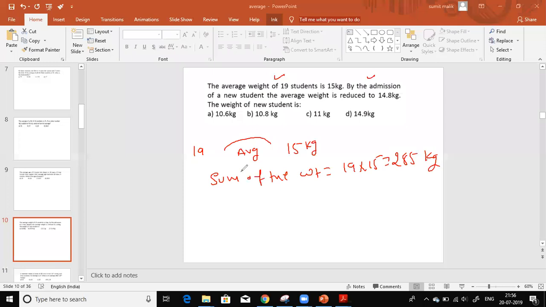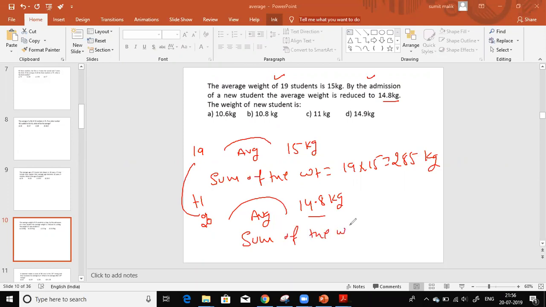By the admission of one new student, the students became 20 and the average weight is reduced to 14.8 kg. Now if average weight is 14.8, the sum of the weight is average into number. It will become 296.